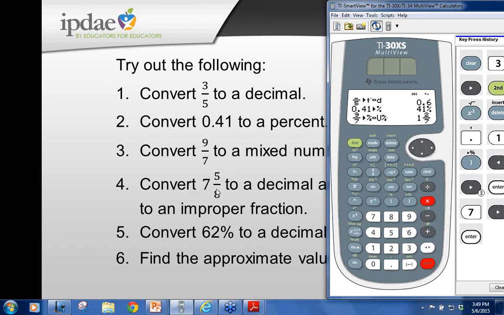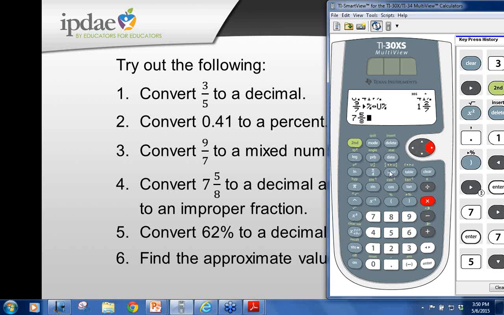All right, and then this time let's do it in reverse. When you're trying to enter a mixed number, you can go ahead and enter the whole number first. That's 7. And then you're going to press second and D. See, it puts the 7 in the whole number spot, and then you can put in your 5/8. And now we want to convert this.